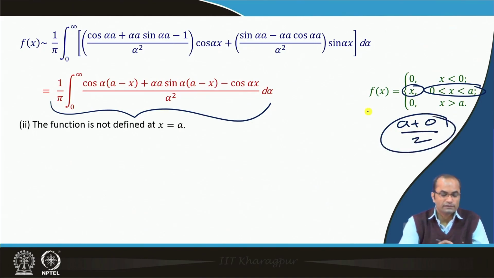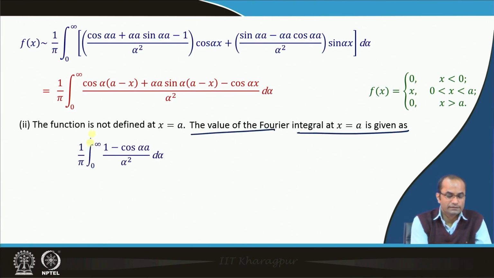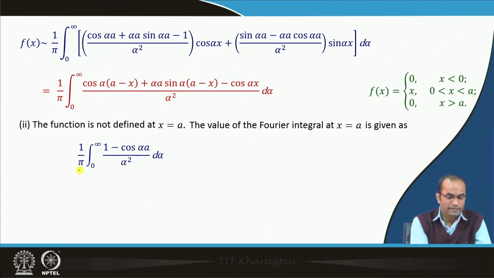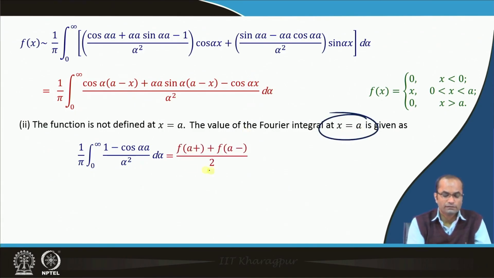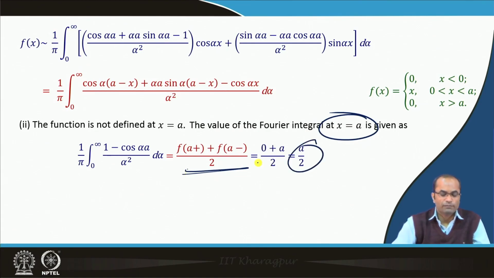So, this Fourier integral at x equal to a will converge to a by 2. So, the value of the Fourier integral at x equal to a is given as, if we put x equal to a there, this is going to be 1, then this will vanish, and we have cos(alpha) over alpha square. So, this is the Fourier integral at x equal to a, and this will converge to this average value which is a by 2.